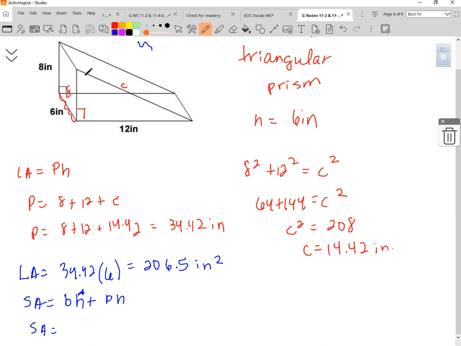Right triangle, the base and height are the legs, the length of the legs. So 8 times 12 plus the perimeter of the base is going to be 34.42 times the height of 6, that's the lateral area.